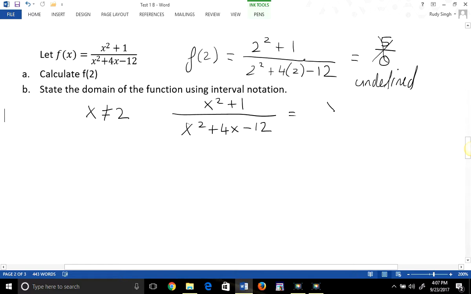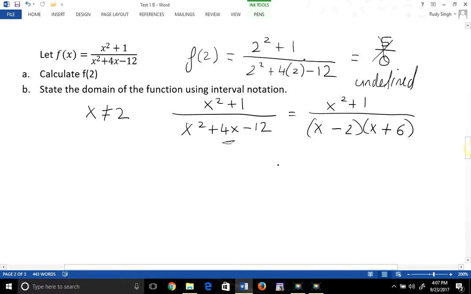So I see that I have a quadratic below, and I can factor that. We get x here, and two numbers that give me 4 in the middle: I want a plus 4, so I'll have plus 6 minus 2. So plus 6 minus 2 gives me that 4x.